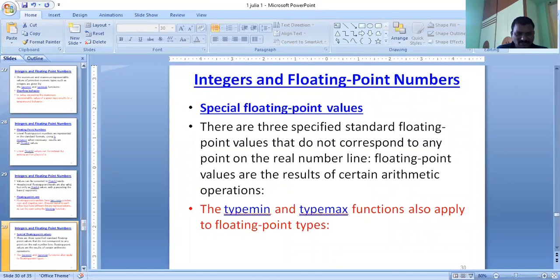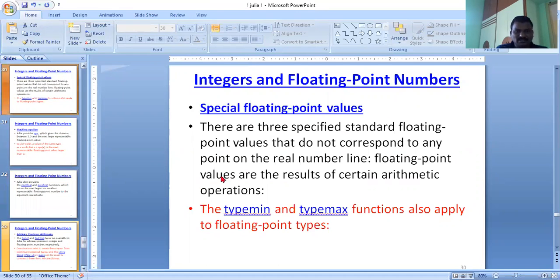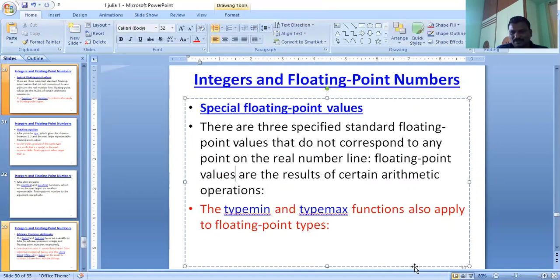The next important topic is special floating point values. How can you represent the special floating point values?